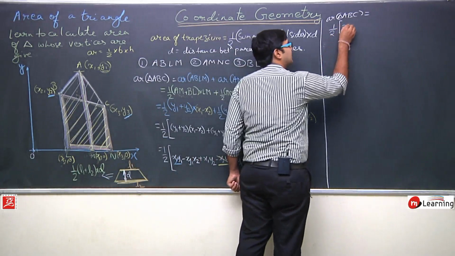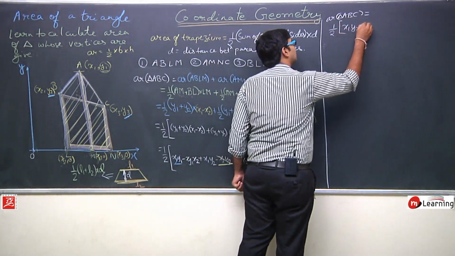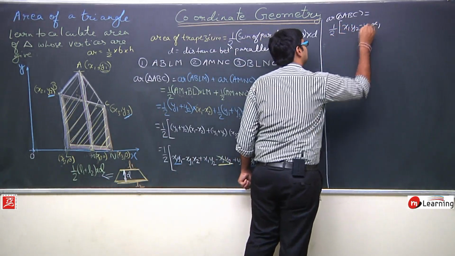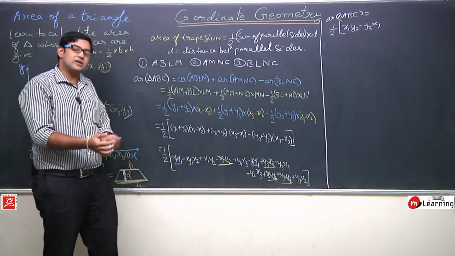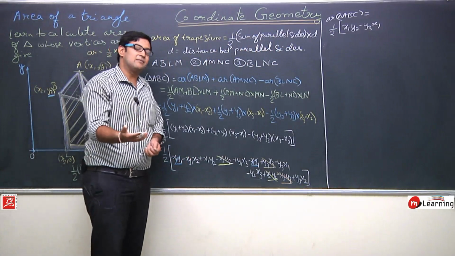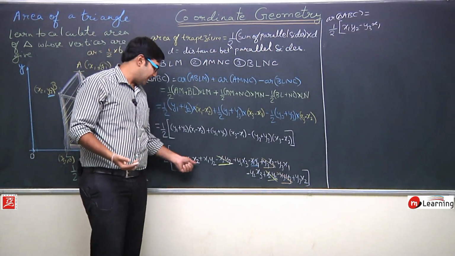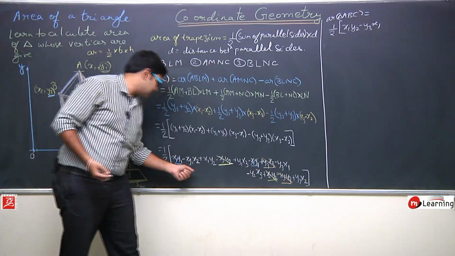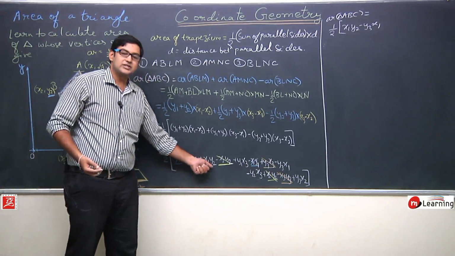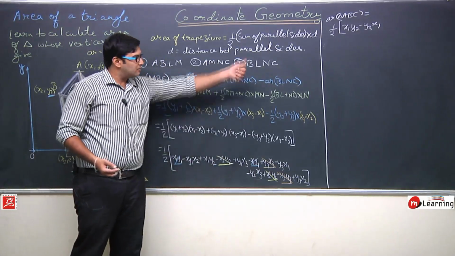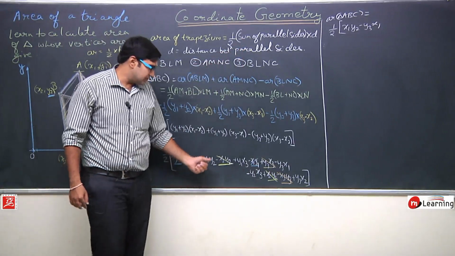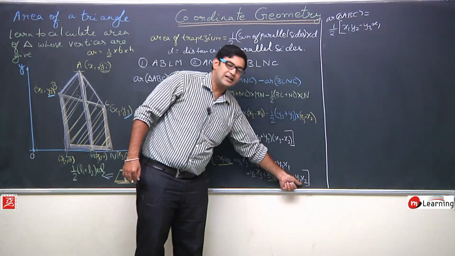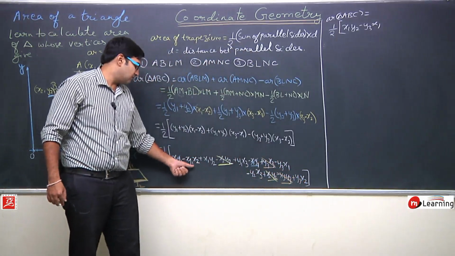So I am going to write it as x1 y2 minus y3 x1. I am going to bring those terms together which have the same x. For example, x1 terms, these both terms contain x1, so I have brought them together. Then x2: this is one x2, y3 x2 and this is another x2, y1 x2.